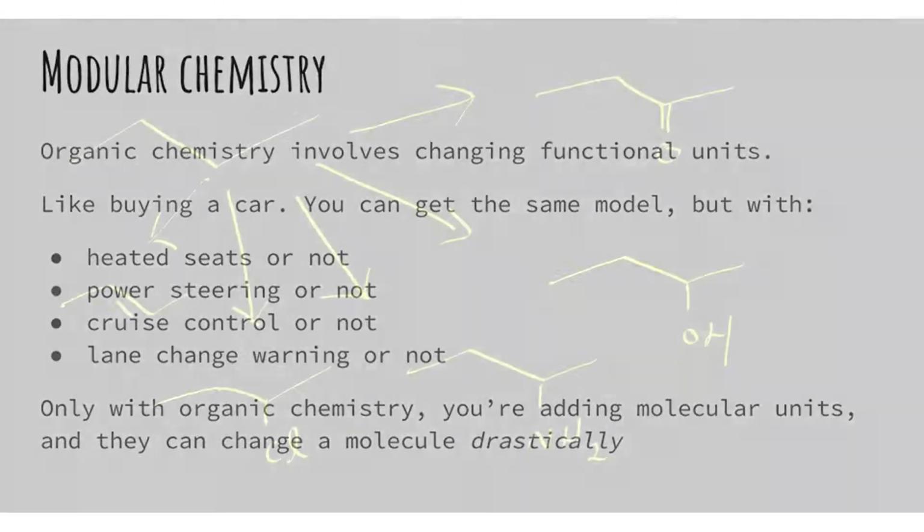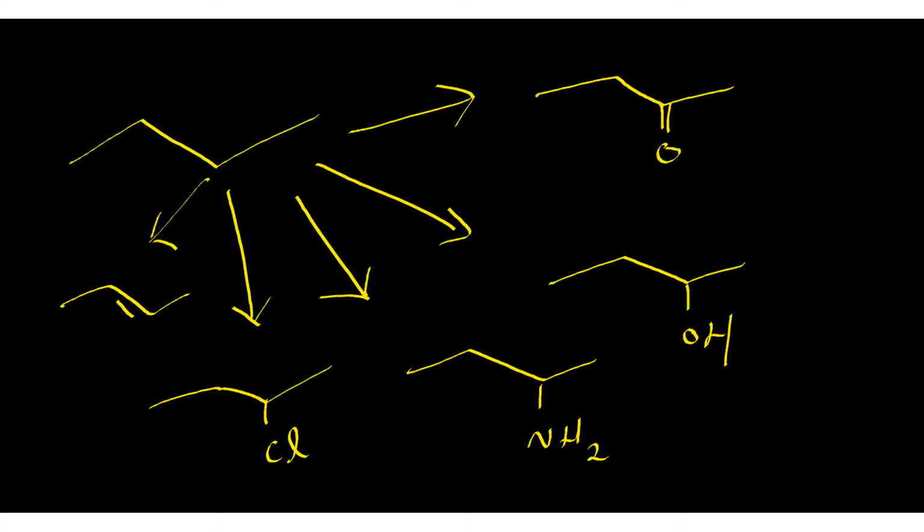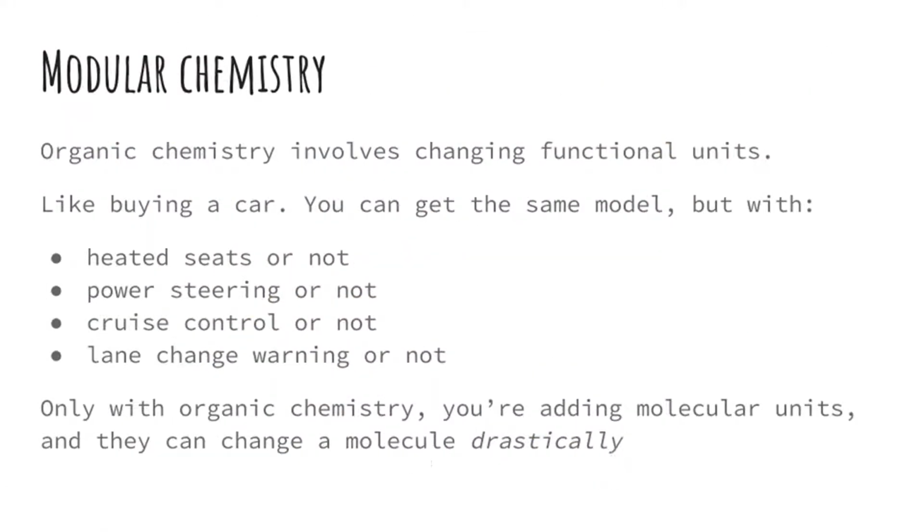Organic chemistry is similar in that you can take the same carbon backbone and pop a bit on, pop a bit off. Or you could have a different carbon backbone with similar functional groups. You can modify these things in all sorts of ways. What we're going to be talking about is more how each of the individual functional groups will affect the chemistry of the molecules we're looking at.